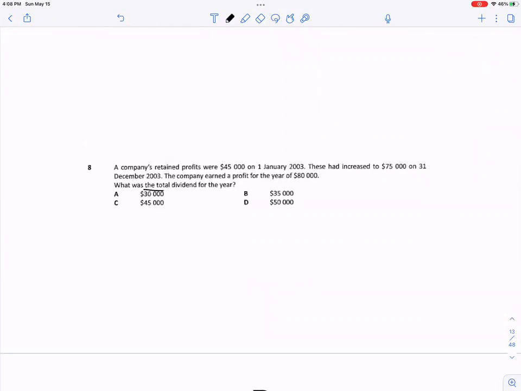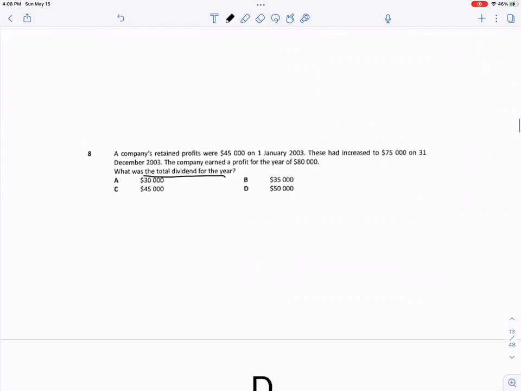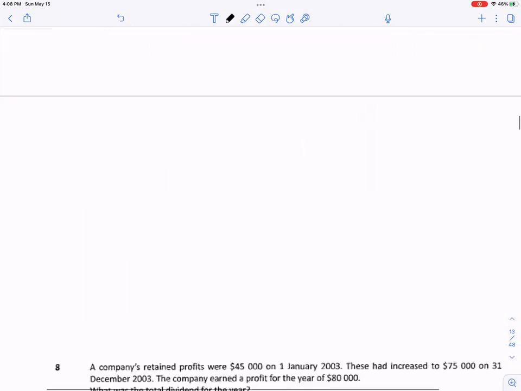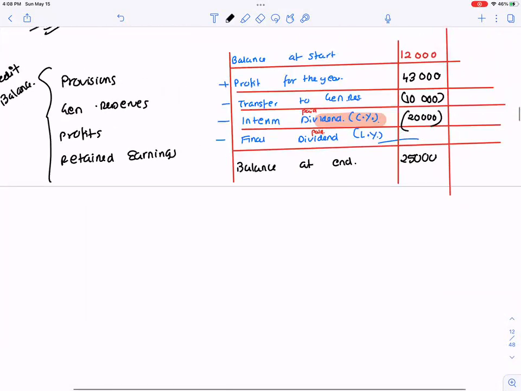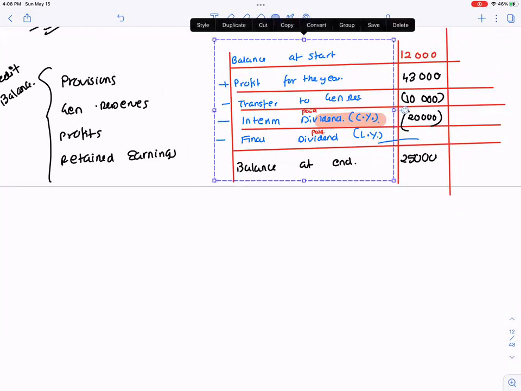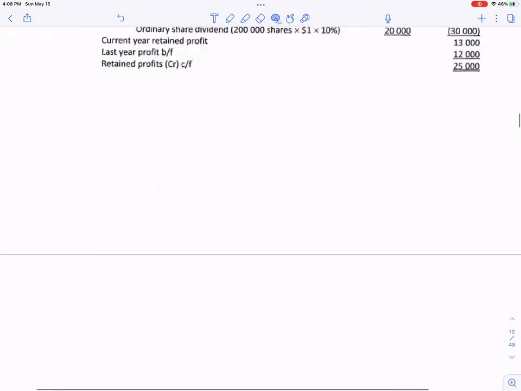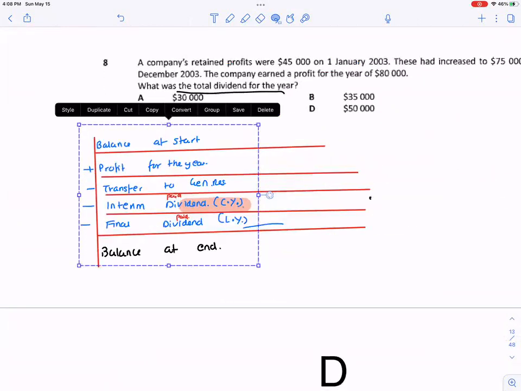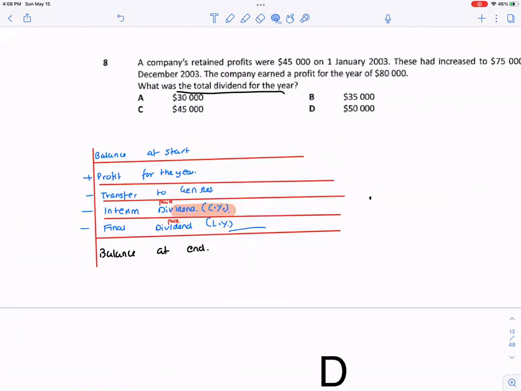They want to know the total dividend for the year. Even for getting the total dividend for the year, I can use this format. How much was the retained profit on the first date? 45,000.